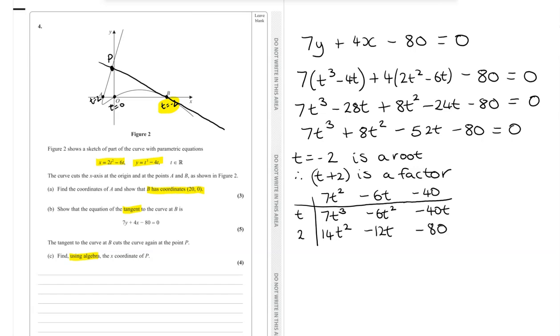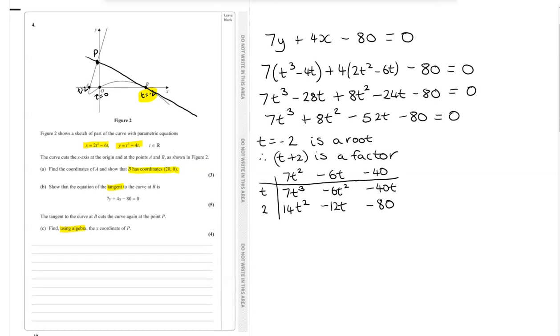So that all works. If I know t plus 2 is a factor, I can write this cubic as 7t squared minus 6t, take away 40, times t plus 2. And then I want to factorise this, which again is not the easiest thing. Now, to be fair, this is where you probably could cheat a little bit.